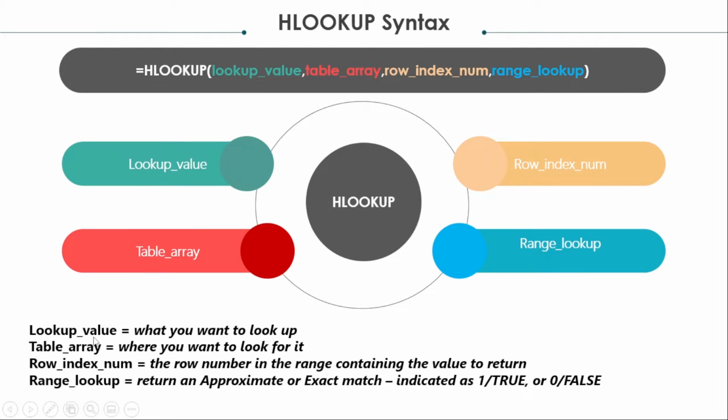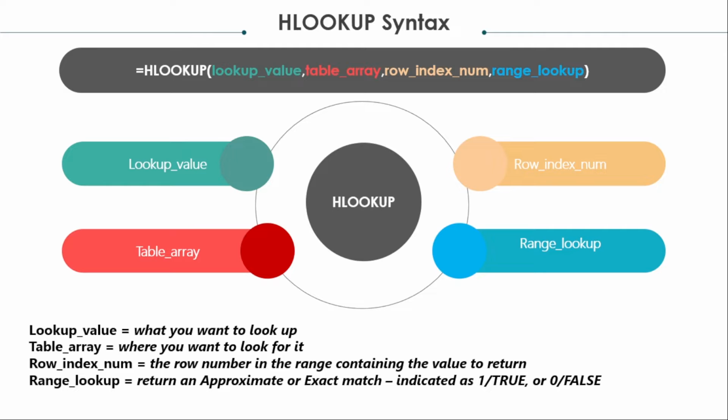The lookup value is what you want to look for, the value you are looking up. And then the table array is where you want to look for that value. The range, where do you want to look for it?